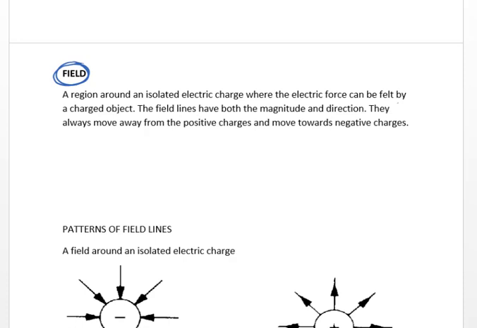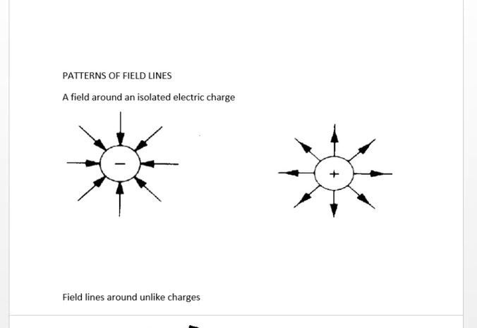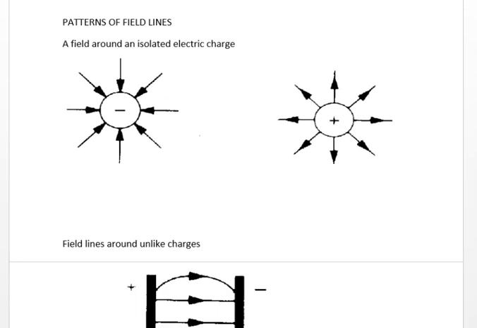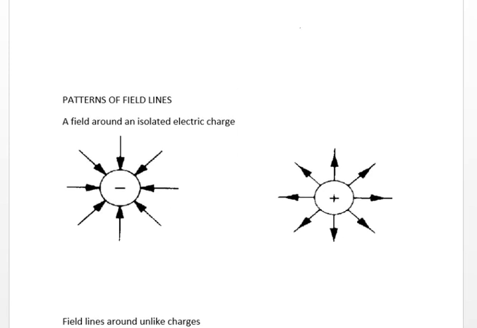The field lines have both magnitude and direction. They always move away from positive charges and move towards negative charges, as shown here. So here we have patterns of field lines around an isolated electric charge, as you can see.